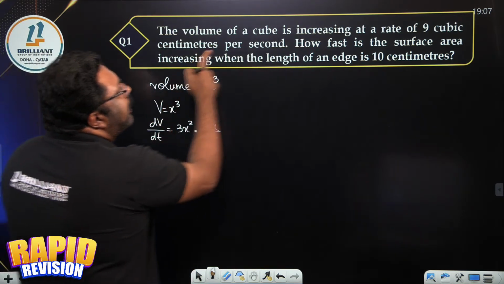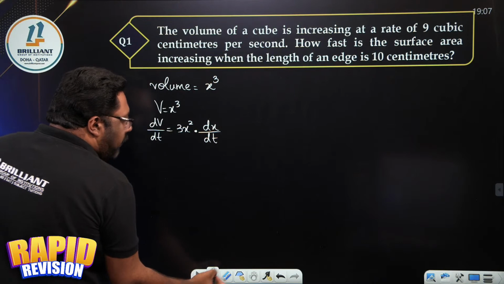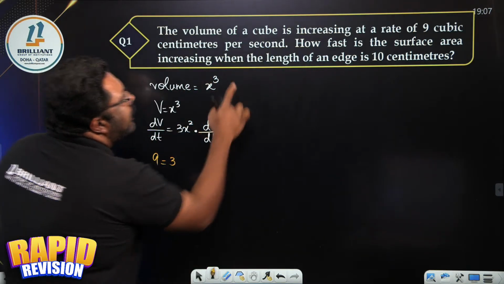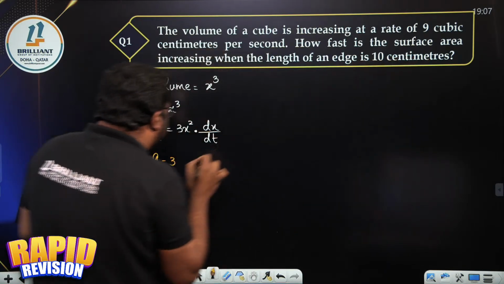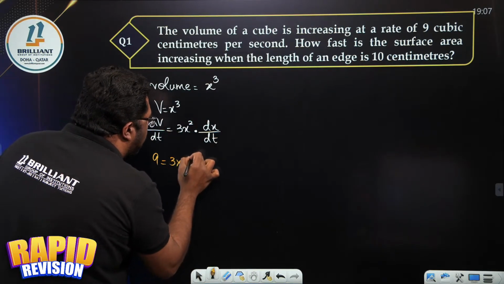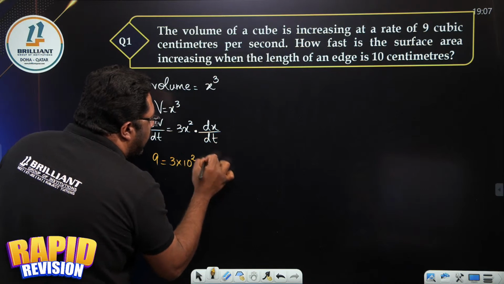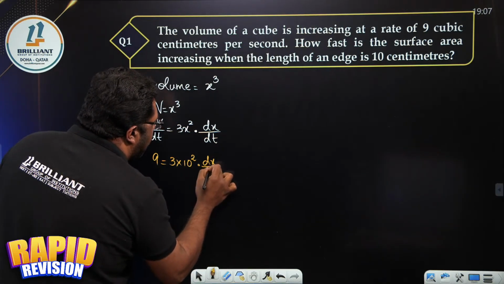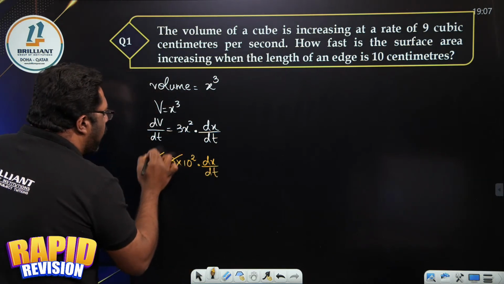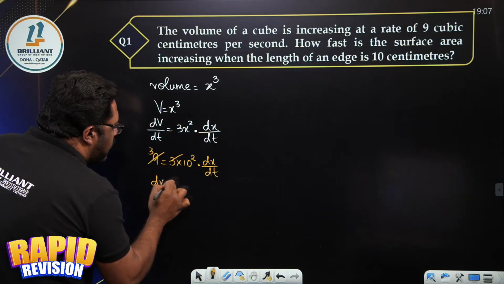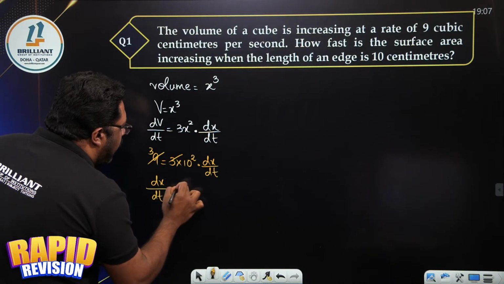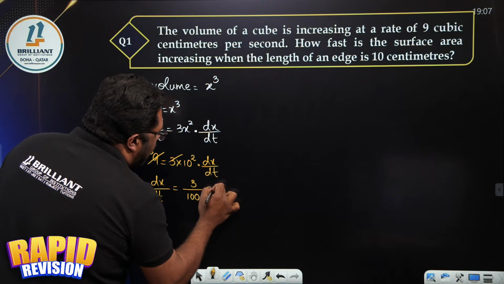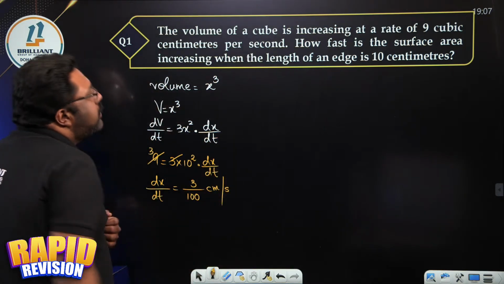So we know the volume is increasing at 9, so dV by dt is 9, and we know that the side or the edge of the cube is 10 centimeters, so 3 into 10 centimeters squared is multiplied with dx by dt. So 3 and 9, it's 3 over here, so I can say the change in the edge of the cube is 3 by 100 centimeters per second.